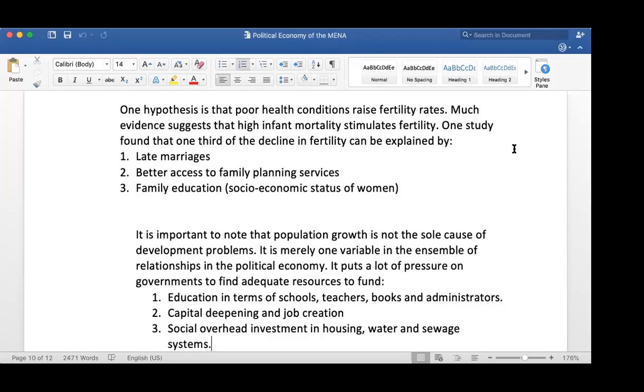Now, this obviously will compound the unemployment problem. And this is something that policymakers have to do something about. In other words, make sure that the coordination between the labor market and the educational institutions is in place.